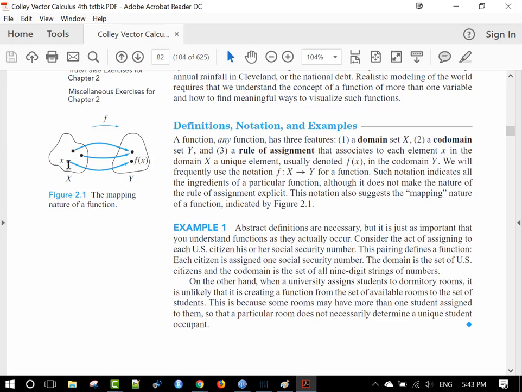So this x only goes to one thing. This one only goes to one thing. This one only goes to one thing. These two happen to go to the same thing, but we don't have this x going to two places. That's what we mean by a function. Okay, with all of that, that's the end of this section.